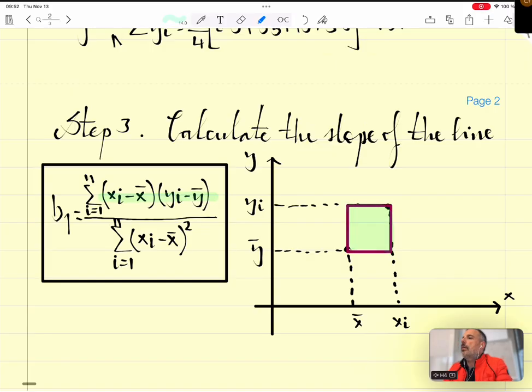Why? No, look here. Why? Because this is x sub i minus x mean value. And this is y sub i minus y mean value. So, length times height, the area of the thing. Okay, so this area is this.